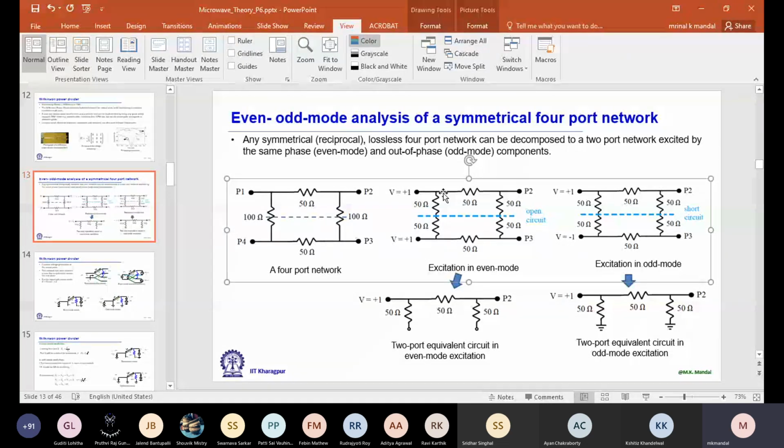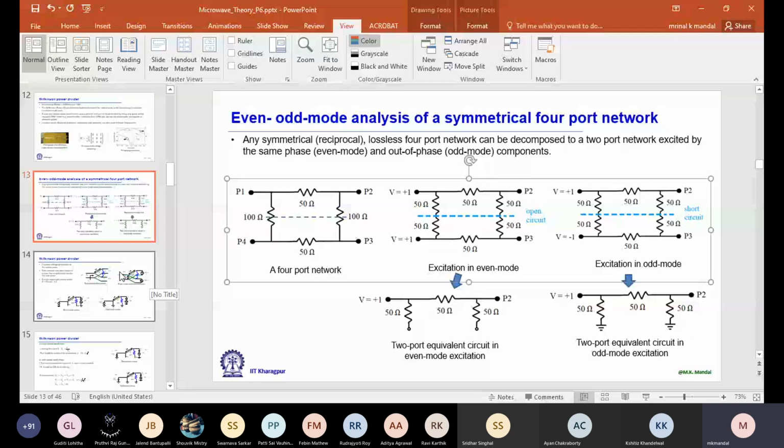So the solution is the superposition of these two concepts, even mode excitation and odd mode excitation. This is the basic logic and steps of even and odd mode analysis.